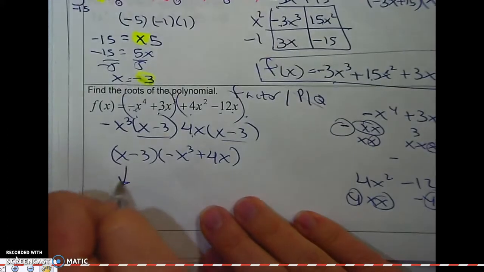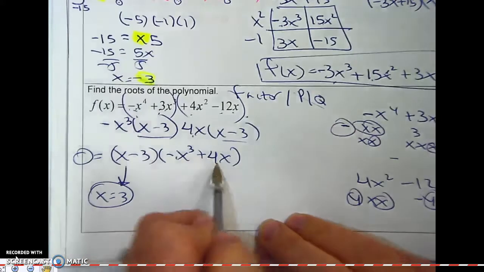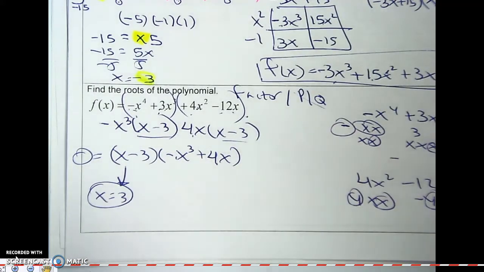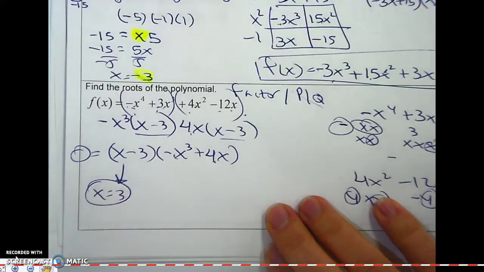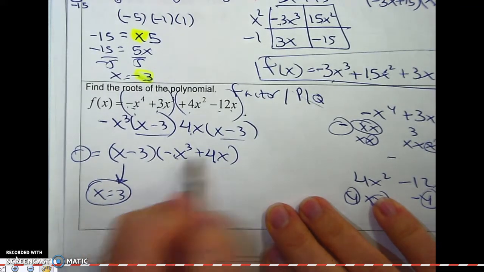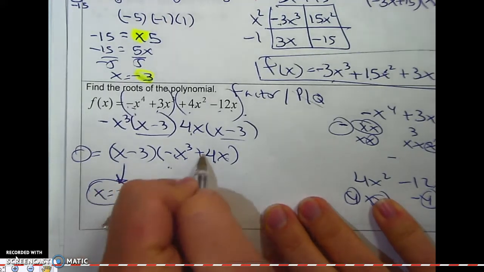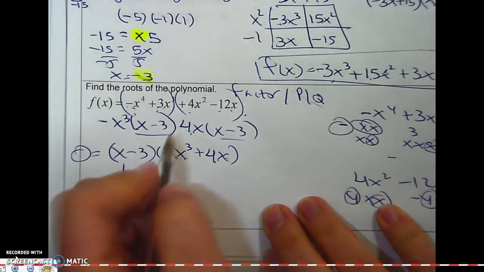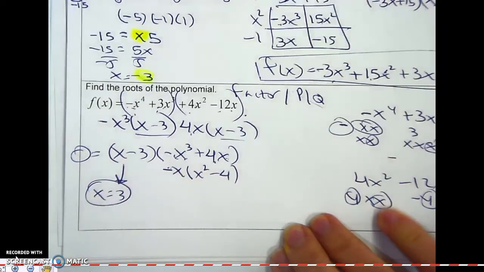I can set that one equal to 0 because that equals 3. That's no problem. But when I see here, I see that I still have 3 x's. I also see that I have something in common. So I'm going to keep factoring this one. And I want that to be a minus. So I'm going back and forth. So I'm going to take out a negative x, and then I'd be left with x squared minus 4.